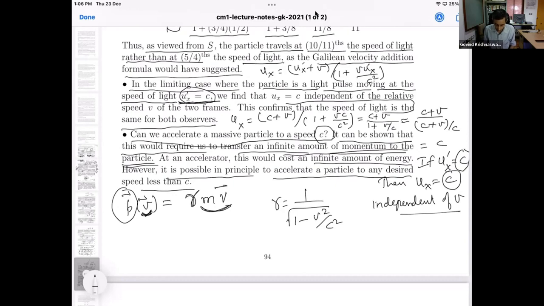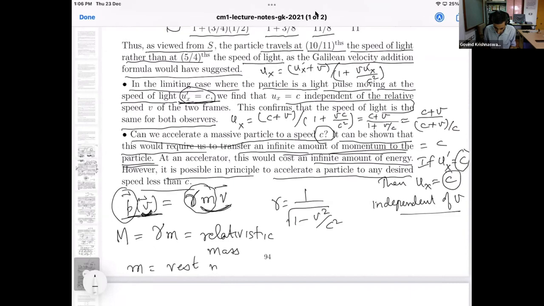Along with this relativistic momentum formula, by the way, I should comment that this factor gamma m is sometimes called the relativistic mass. So m is called the rest mass or Newtonian mass. I mean, it's just the mass in Newtonian mechanics.